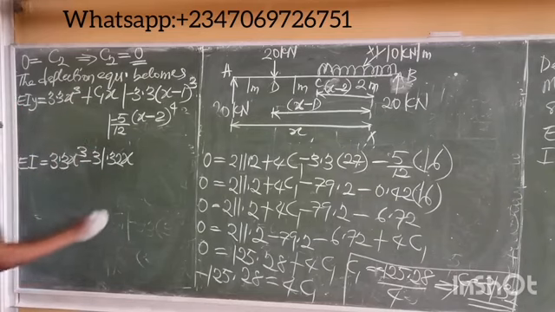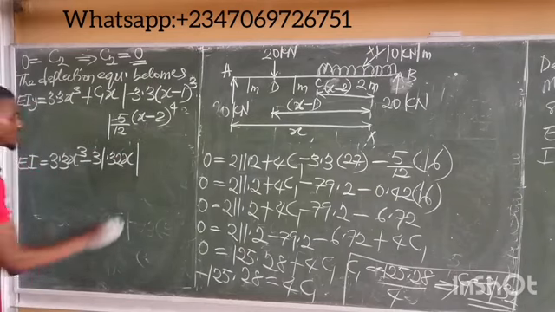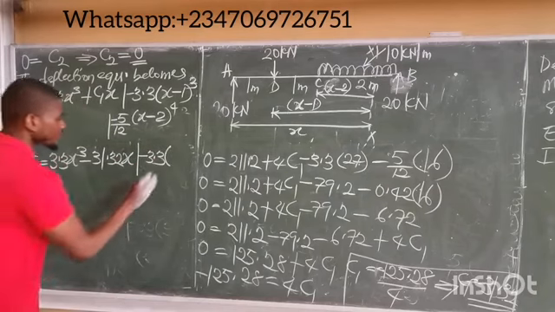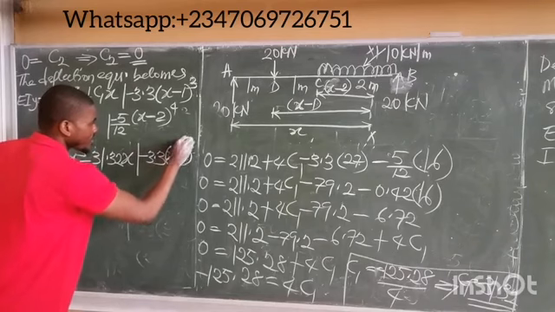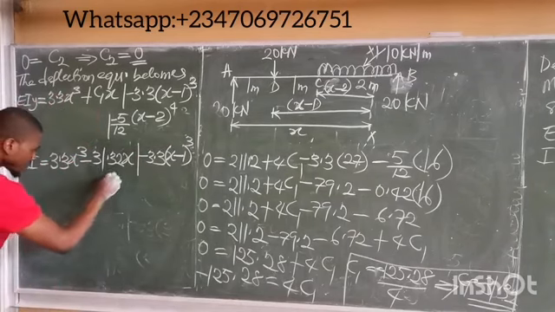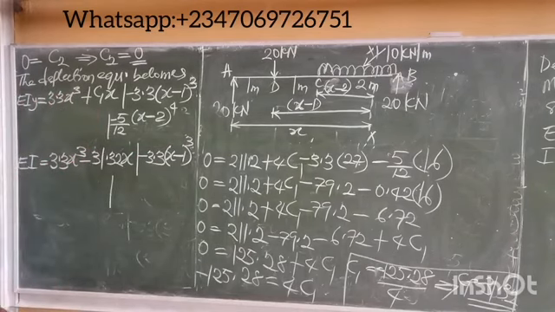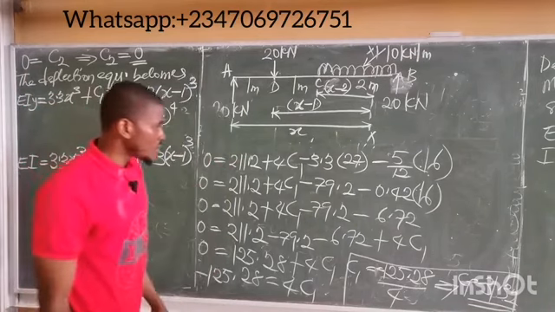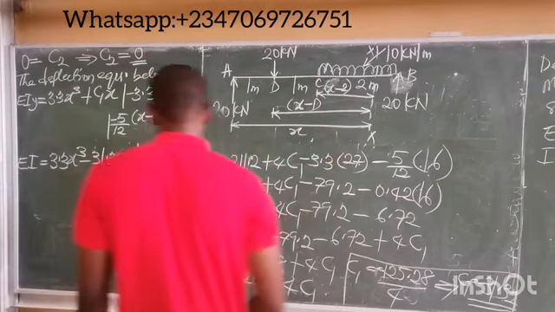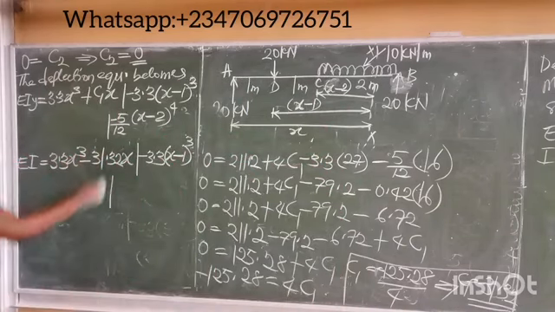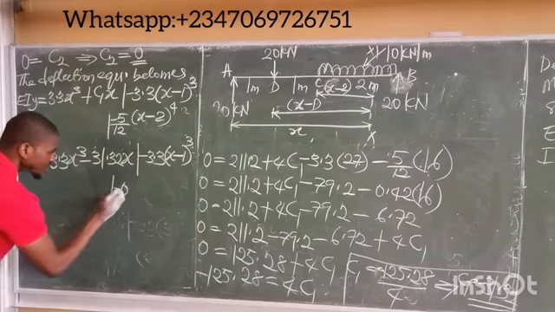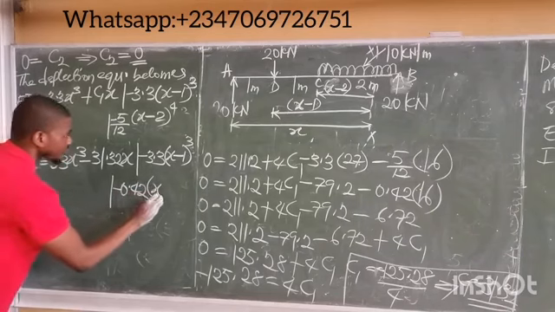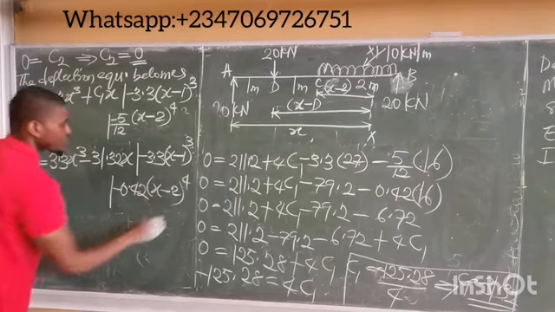You open your Macaulay's bracket, so we have minus 3.3 into x minus 1 to the power of 3. Then the final Macaulay's bracket, we'll have minus 5 divided by 12, which gave us minus 0.42, into x minus 2 to the power of 4.